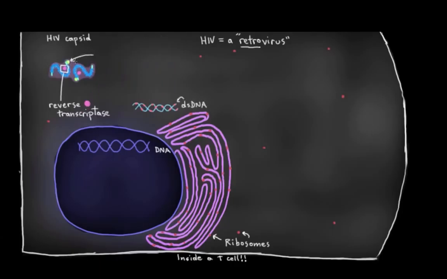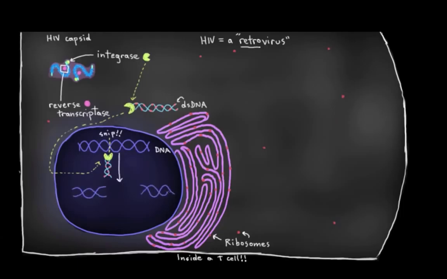Another viral enzyme called integrase will come along and grab hold of it. It'll then bring it to the T cell's nucleus and carry it through one of our nuclear pores into the nucleus. From there, and this is sort of the point of no return in an HIV infection, the integrase enzyme nicks, it makes a little cut in our human T cell DNA, and it allows this double-stranded HIV DNA to integrate itself into our DNA.